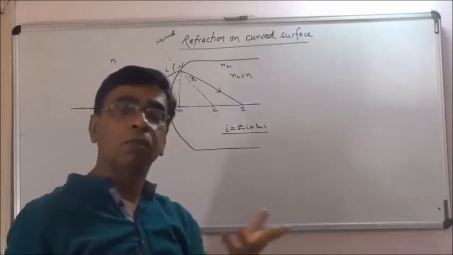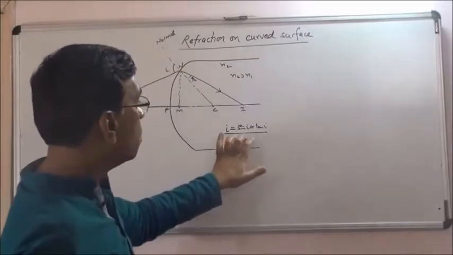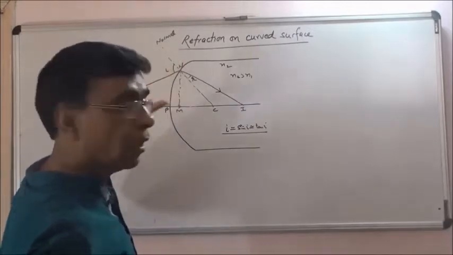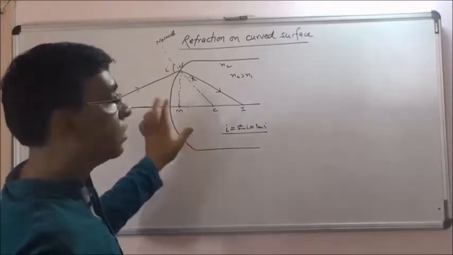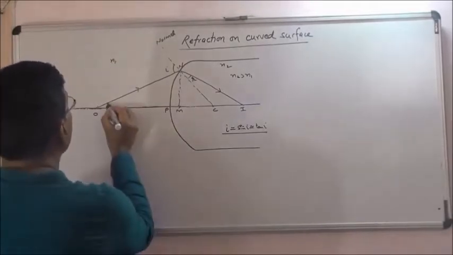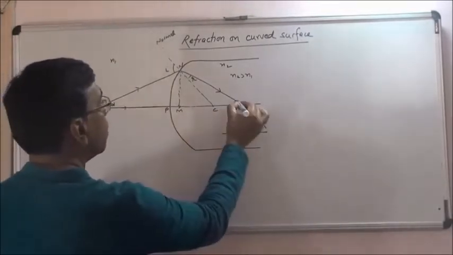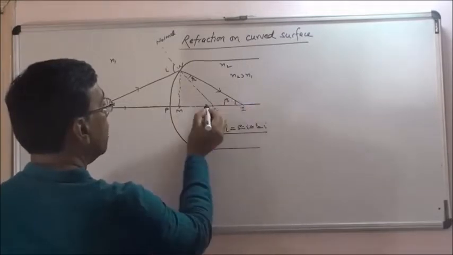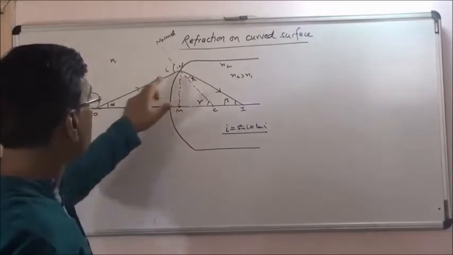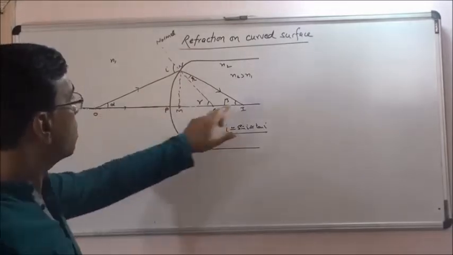So this angle is small, aperture is small, paraxial rays only, and this distance is almost 0. Now let us take these angles, alpha, beta and gamma. Alpha is the angle which the incident ray makes with the principal axis.